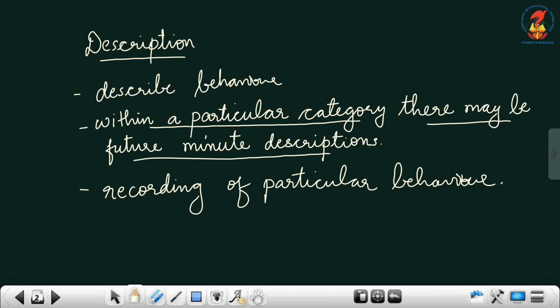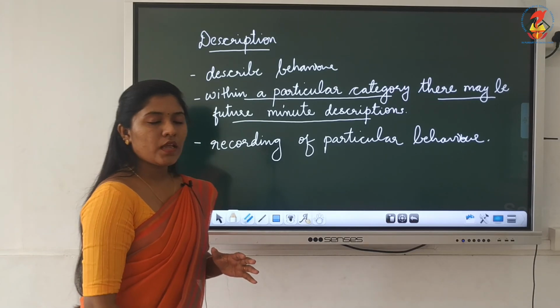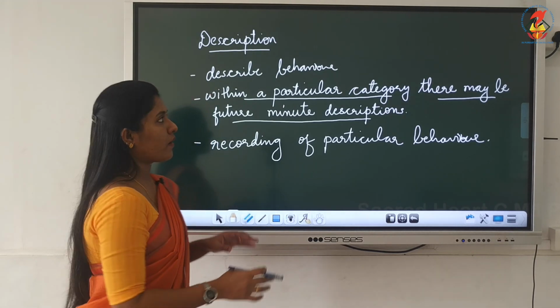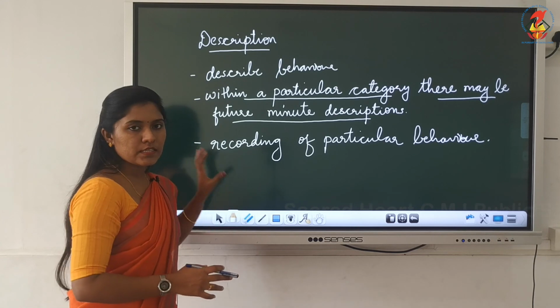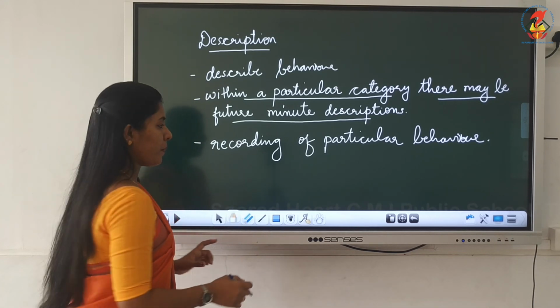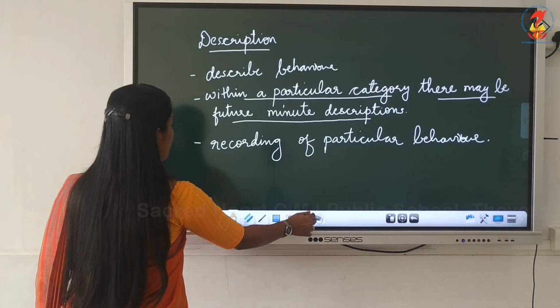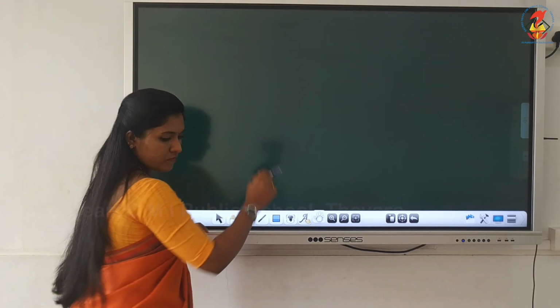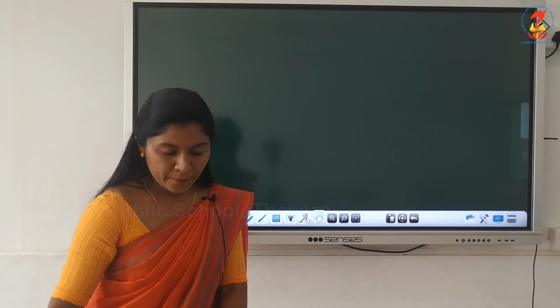So, here in the first goal we understood the data accurately and then we described it. That is the first goal, description. Now, let us move on to the second goal, that is prediction.